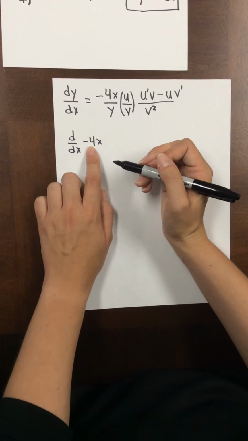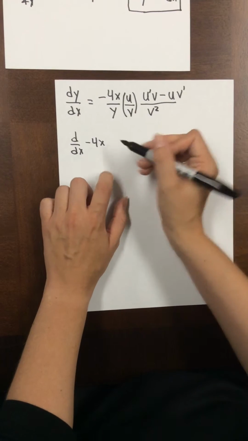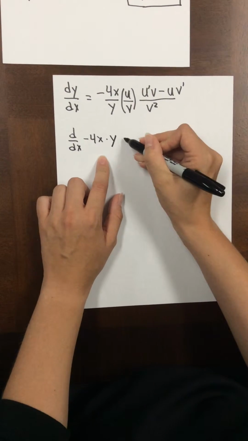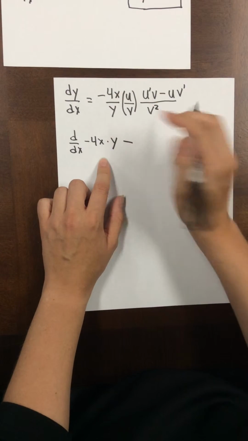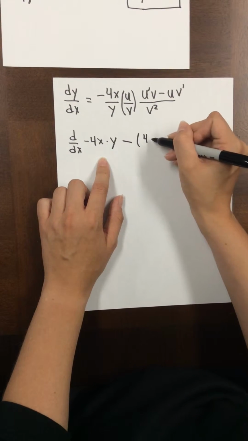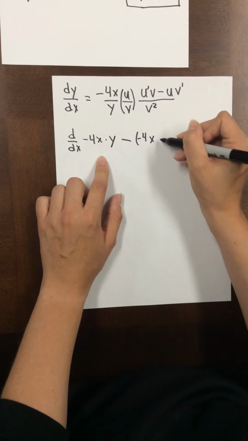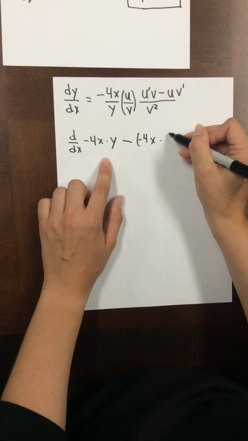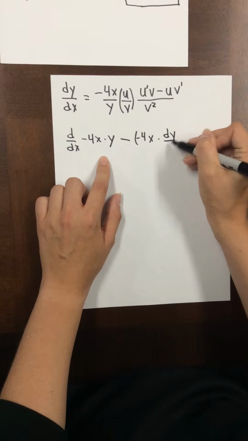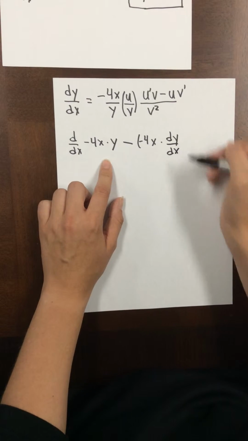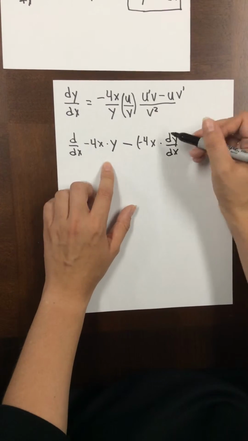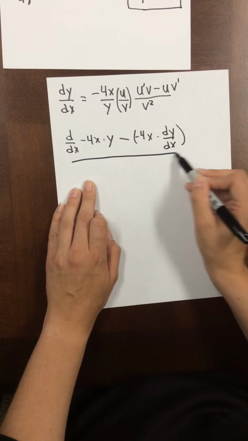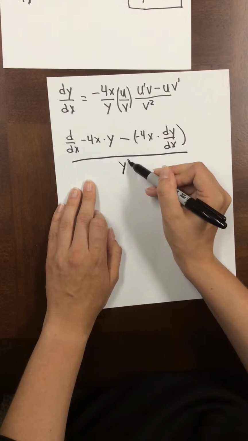So d over dx of negative 4x times just the v, so times y, minus u, so minus negative 4x, times v prime, which we know is going to be dy over dx, and then all over v squared, so all over y squared.